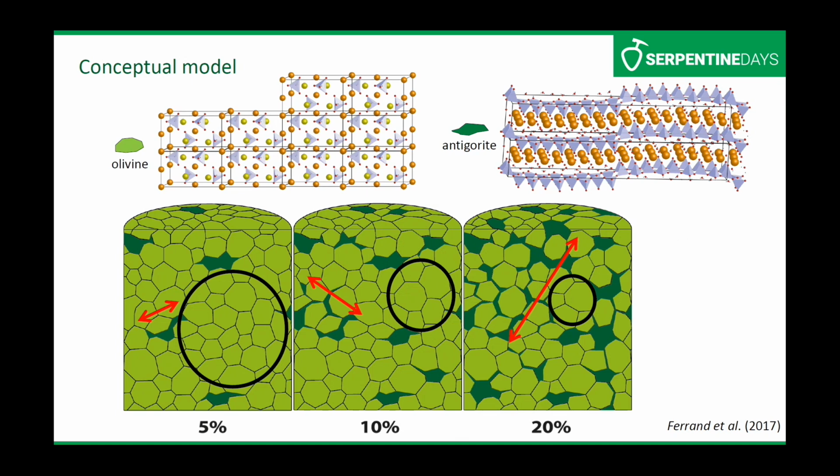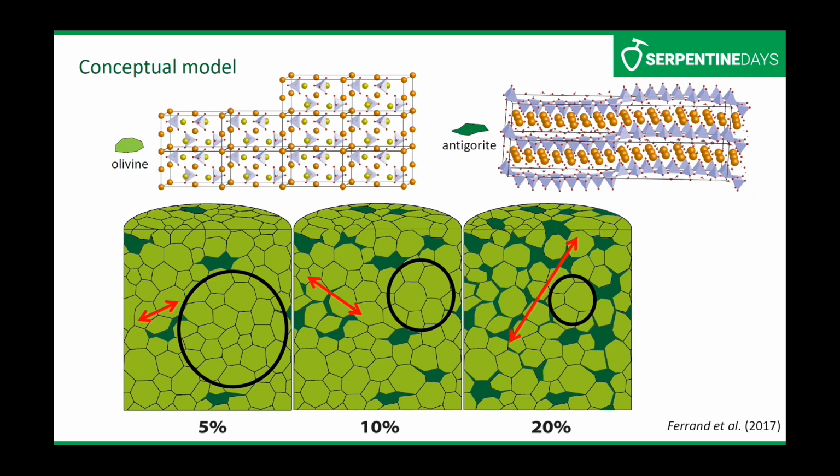So it's a very simple way to summarize the situation. When you increase the fraction of serpentine, you increase the length of the serpentine clusters, but you decrease the scale of what I call the asperity, which is the antigorite-free volumes, the elastic olivine skeleton of the sample.